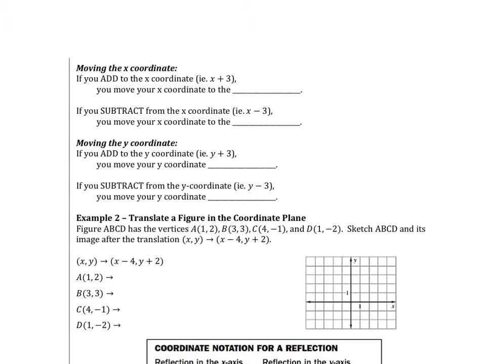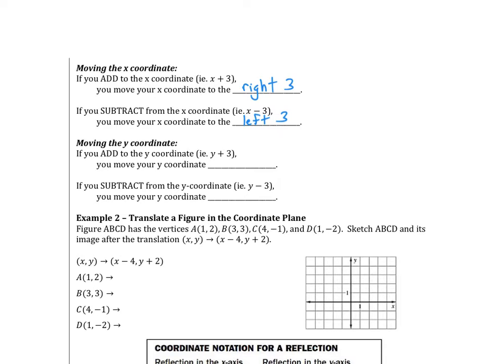If you add to the x coordinate, like x plus 3 in the example, this means you move to the right 3. If you subtract, it means you go to the left. So minus 3 would mean you subtract 3, you're going left 3.